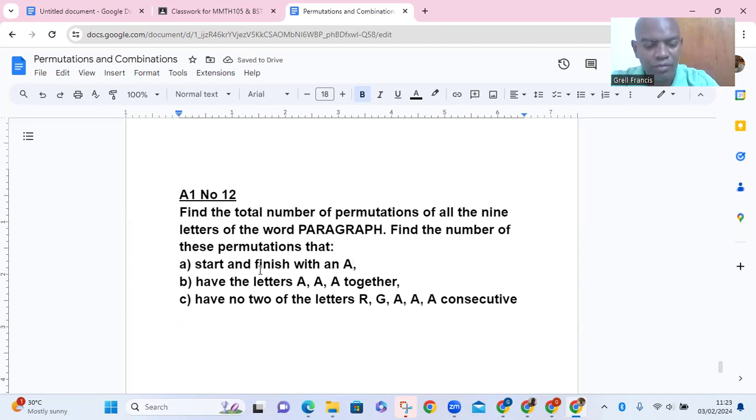Another restriction: I have the letters E, E together. I have no two of the letters H, G, P, P consecutive. So we'll start with A.